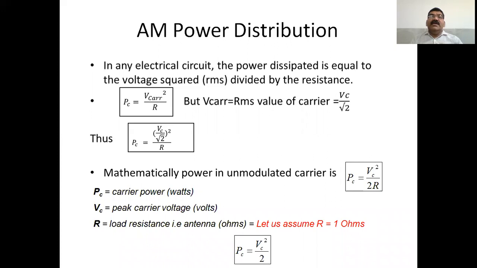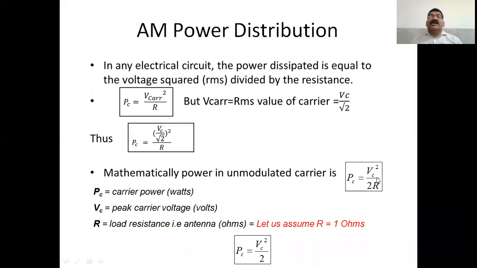Here we are going for the sinusoidal waveform, so that's why we divide by under root 2. 1 by under root 2 is 0.707. VC is your maximum voltage. So VC by under root 2, square, upon R. Mathematically the power in the unmodulated carrier is V square by 2R.